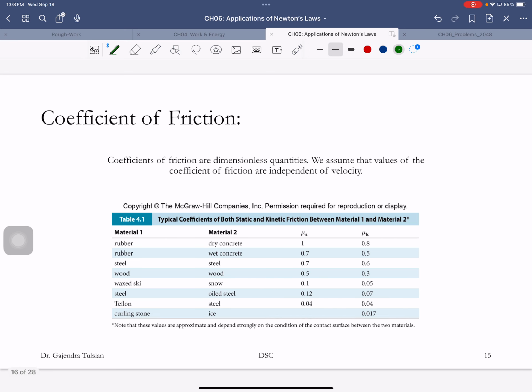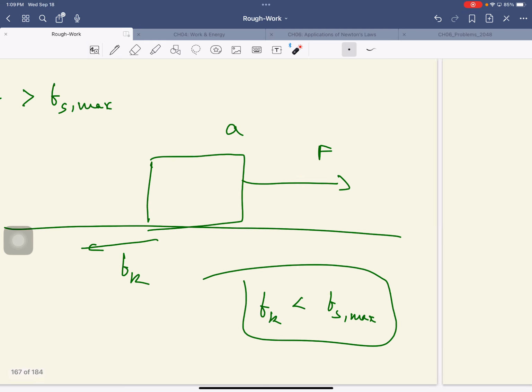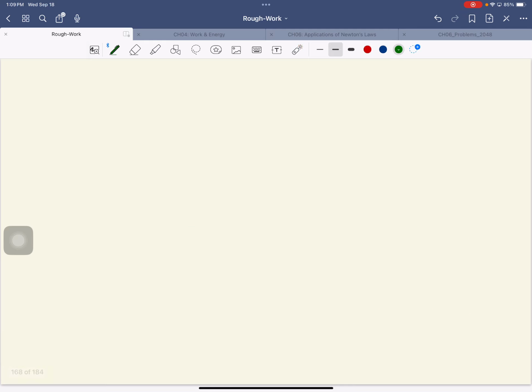All right, here's a table for various kinds of surfaces in contact. Here's rubber against dry concrete, rubber against wet concrete. Mu s is 1, mu k is 0.8. Let me show you what these numbers mean, and then we'll talk about an application.